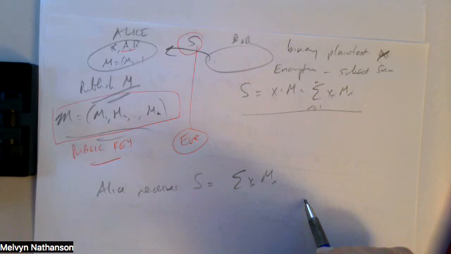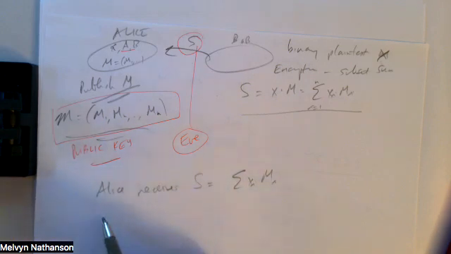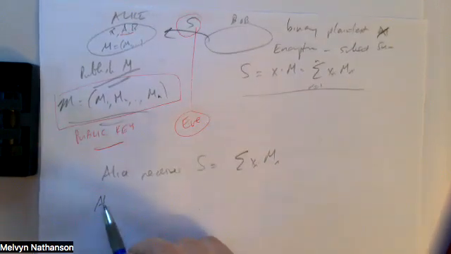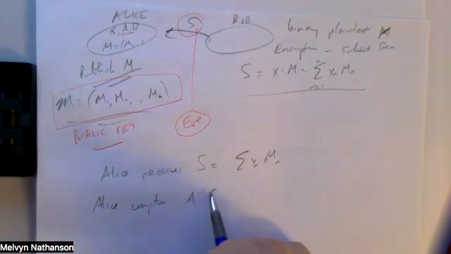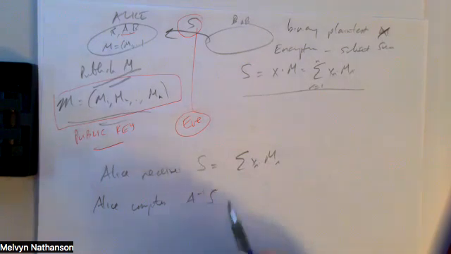And because Alice knows A and B, she also knows A inverse. So Alice computes A inverse S. What is A inverse S?